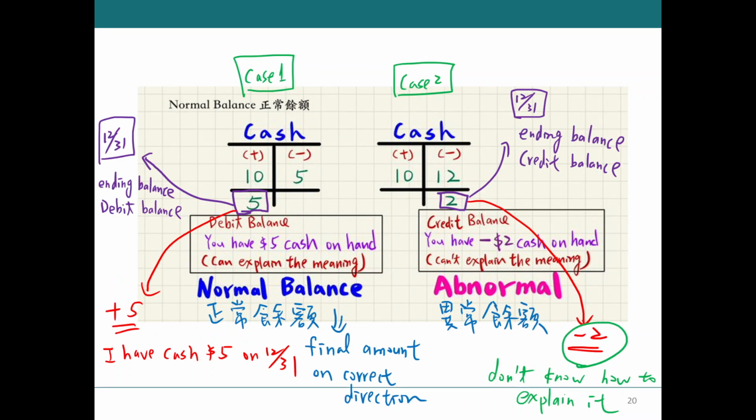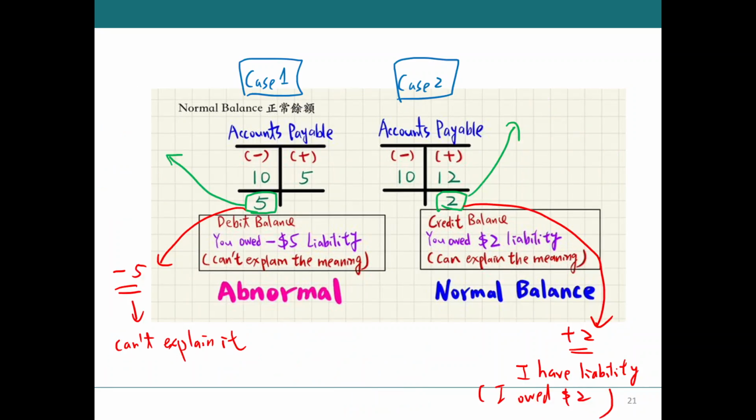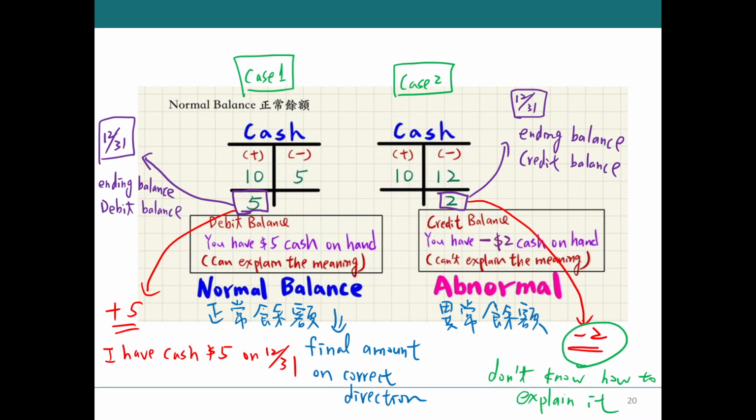Again, this is cash. And this is accounts payable. Which side will be normal balance? So on which side is the final amount correct? Roy, which side? Cash, normal balance. Well, we got plus $5.